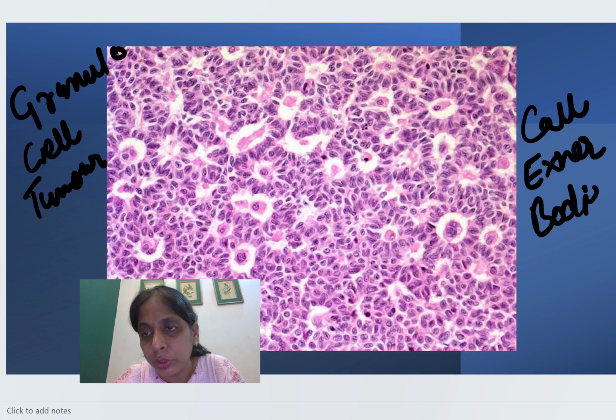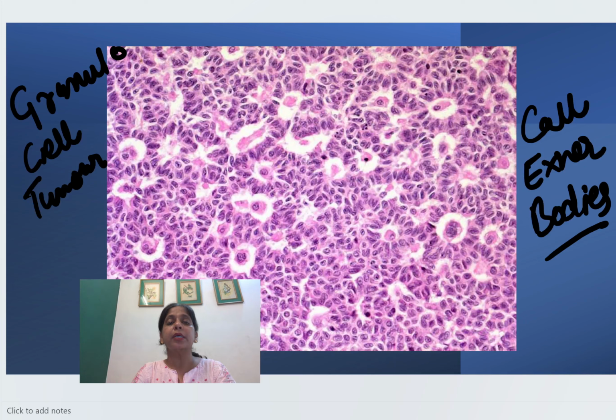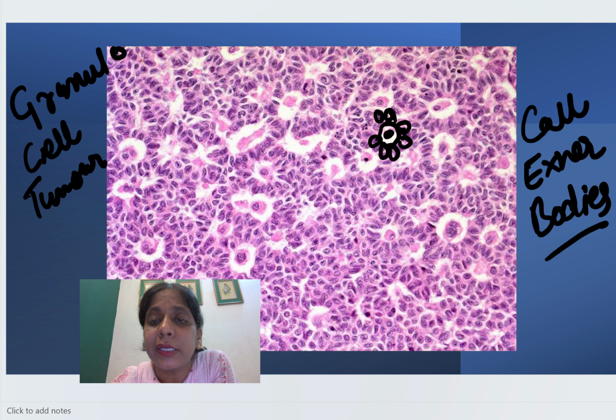Only two histopath findings, but tumor markers you have to learn all. What is the Call-Exner body? Here in the center there is a blood vessel, then an empty space, and then cells are arranged. So it simulates just like a flower.